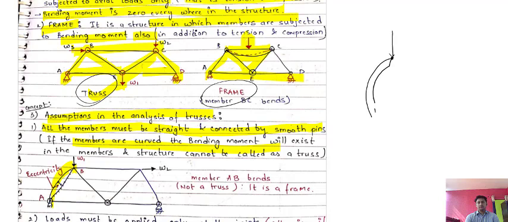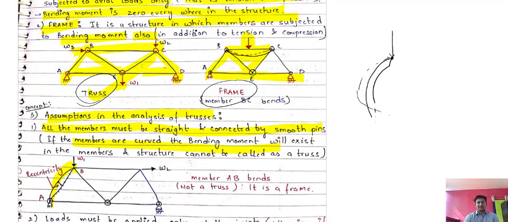This will be bending like this, so it will try to move here, and this structure will try to go out like this, and there will be bending involved. So this will bend the structure due to this eccentricity.